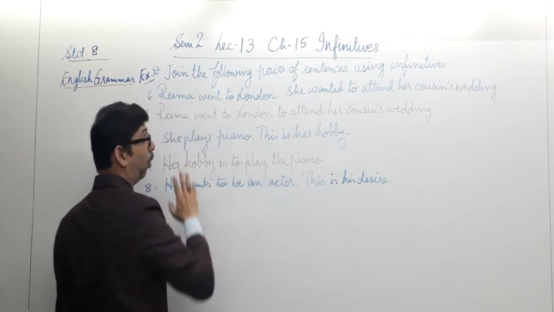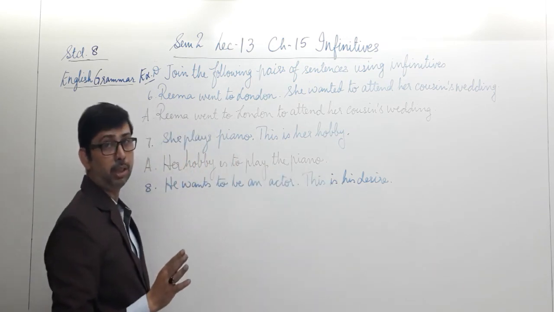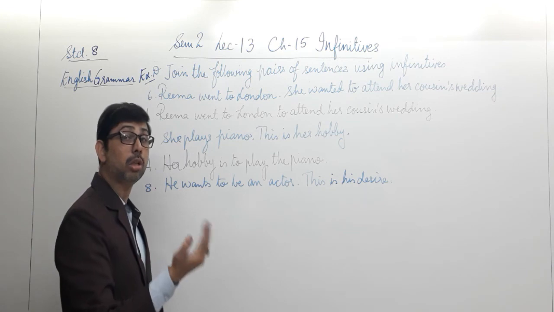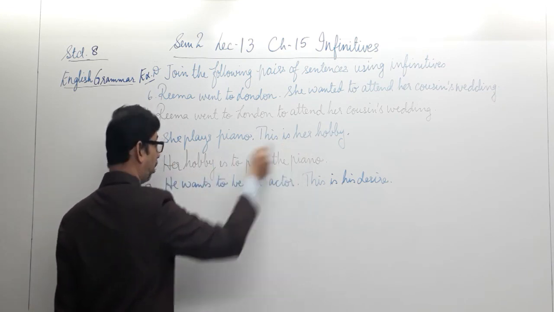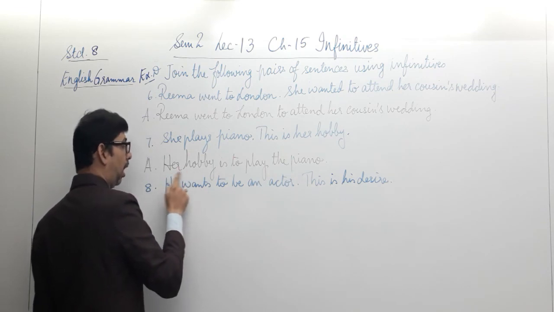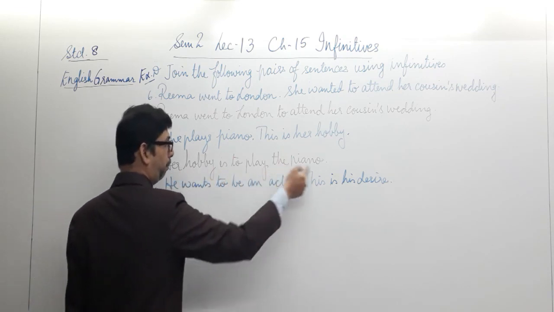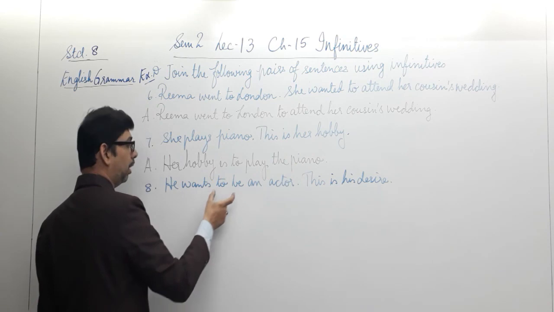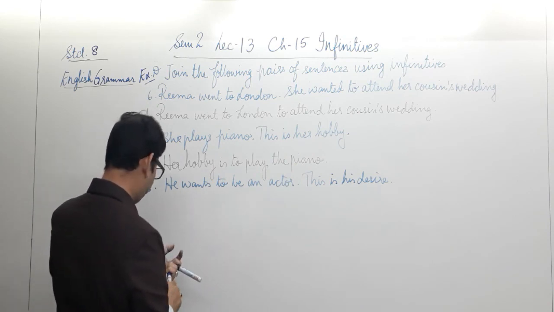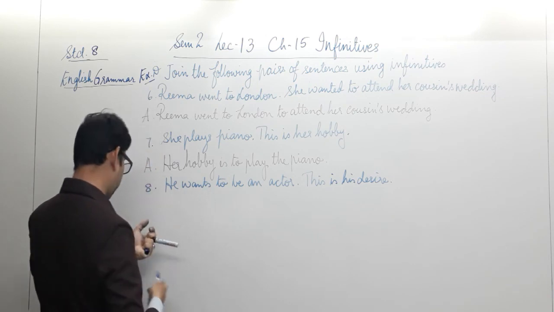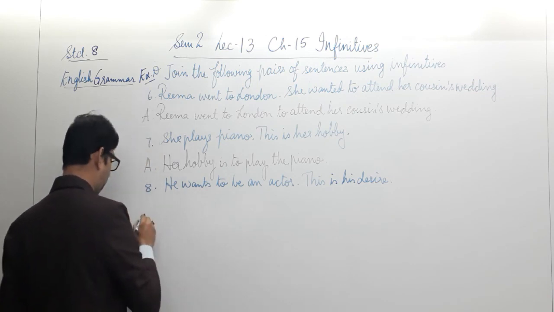In the seventh, we had no infinitives given to us and therefore we restructured the whole sentence in this manner. By using the subject her hobby, as her is the subject, her hobby is to play the piano. But in this one, we have the infinitive but in the first part. So be a little careful. Here we will have to introduce the introductory word it that we have learned earlier.